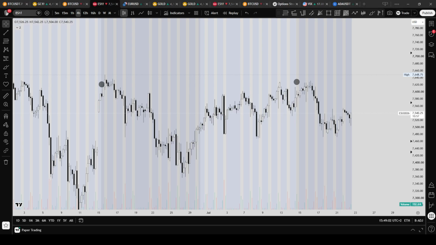When we use this type of tool, you definitely want to look for confluence. You don't want to see a new moon and just take a trade. As always, you want to look for confluence. So use your tools and try to apply this too. When they both say the same thing, that is the time when you want to take a trade.